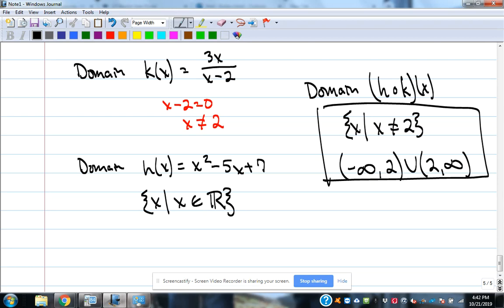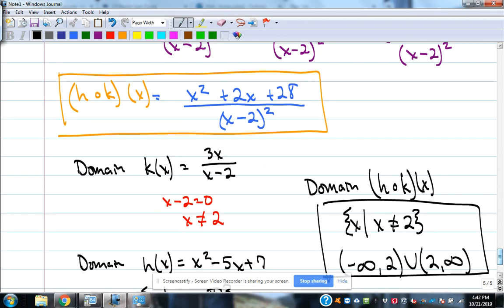You can always kind of look at our composite function, and look at the denominator. We notice the only factor in the denominator is x minus 2, so that would be the restriction on that composite function. But you've got to be careful, especially with the rational ones. Something may have canceled out if you only look at the composite function. You really theoretically should always do it the order that I've shown you. Sometimes there's shortcuts, but they don't always work. So just be careful of that.